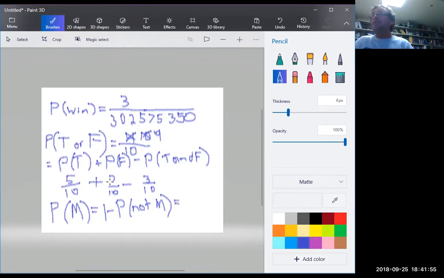And if we had 7/10 female, you do 1 minus that, and that's 3/10 male.